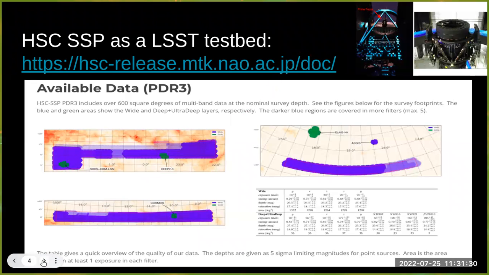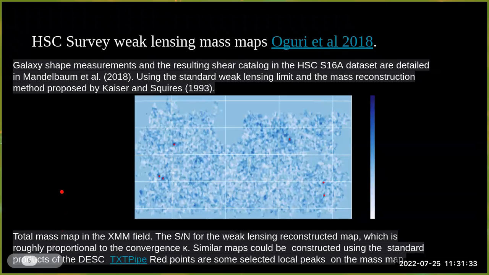Therefore, using this data and derived data products, for instance the weak lensing mass maps produced by Oguri et al., these mass maps are built based on the shear catalogs, measuring the shape of the background galaxies, in the standard weak lensing limit using the reconstruction technique proposed by Kaiser-Squires. It's also possible to use other more modern alternatives.